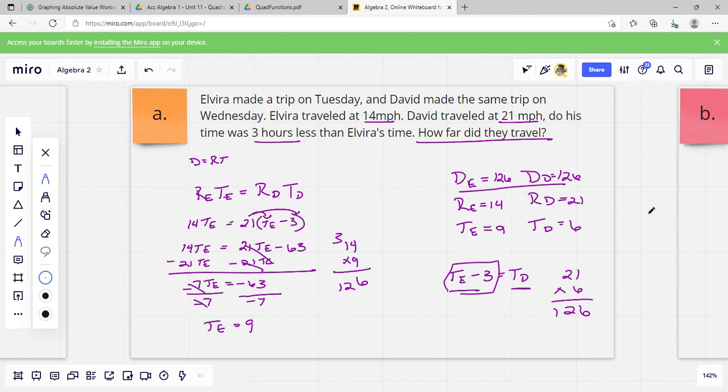So they went 126 miles. Should be the answer. I'm going to double check that real quick in the answer key. Yep, 126 miles.